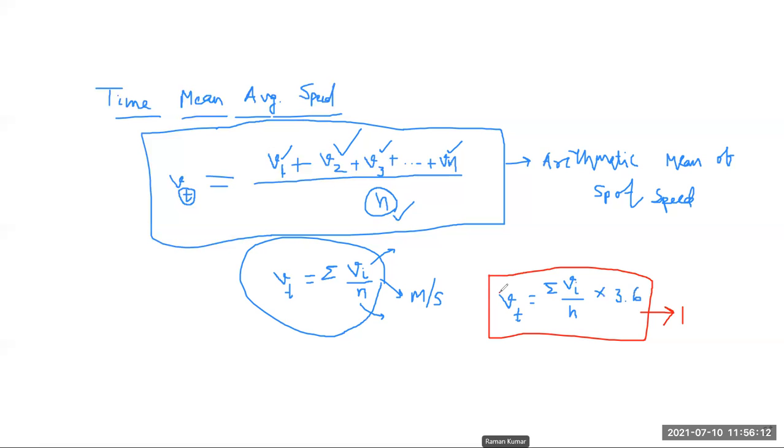Here we use capital Vt because this is in kilometer per hour. So you remember the formula for the space mean average speed: Vs is equal to 3.6 into d n by summation of ti. And for time mean average speed, Vt is equal to the summation of Vi by n, the number of observed vehicles, into 3.6. So is it clear?